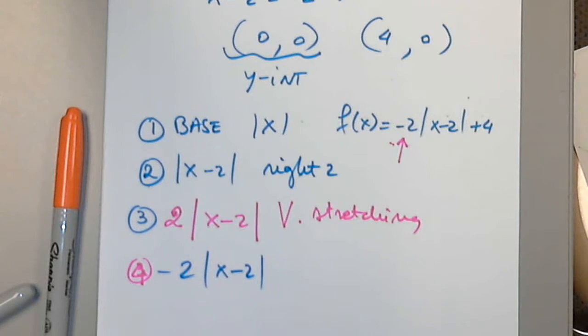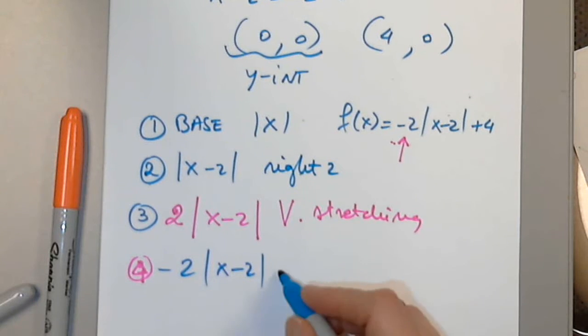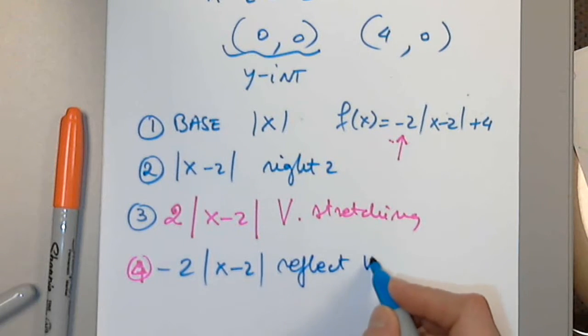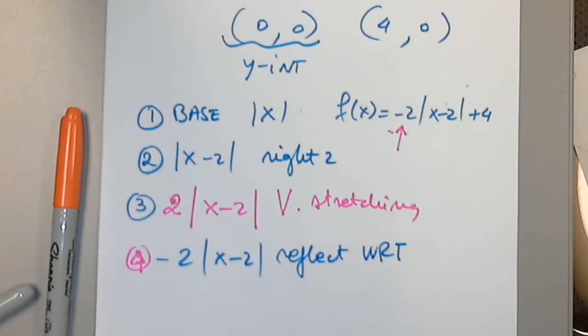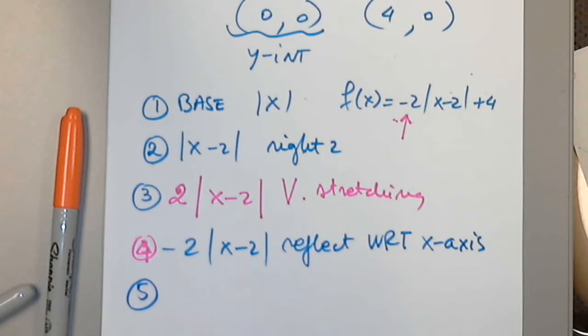So now what transformation is 4 on number 3? Yes, reflect with respect to the x-axis. Final step is 5 on number 4. -2, the absolute value of x minus 2 plus 4. What transformation? Up 4. So the only difference is outside, not touching x, up 4.